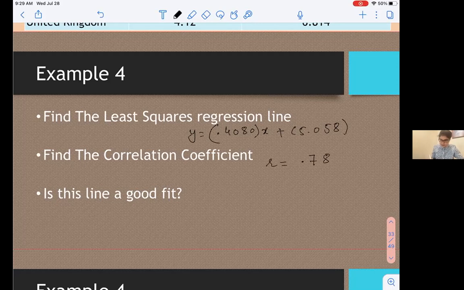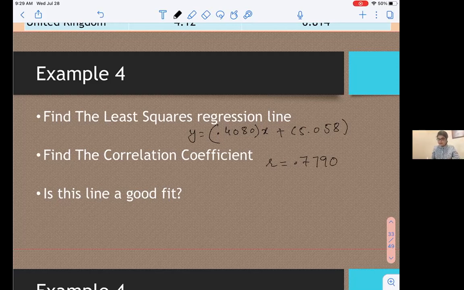Or 4 decimal places, it is 0.7790. If you are writing in 4 decimal places, this is your value. So I am writing the value of R up to 4 decimal places. So this is how I have rounded off the value.